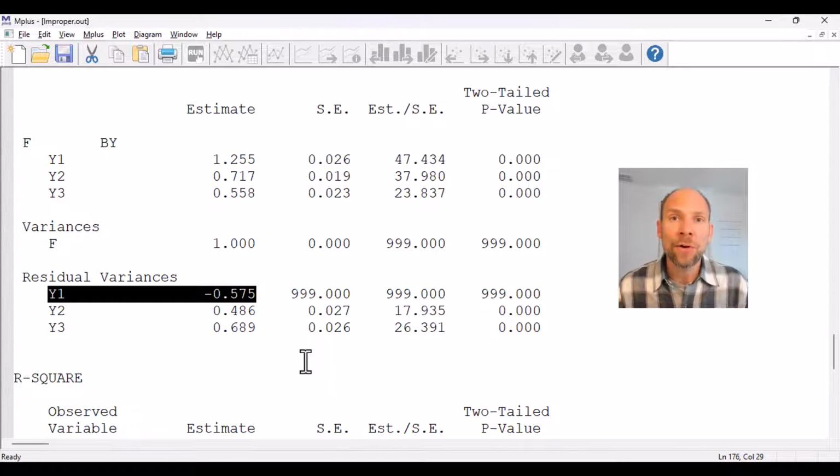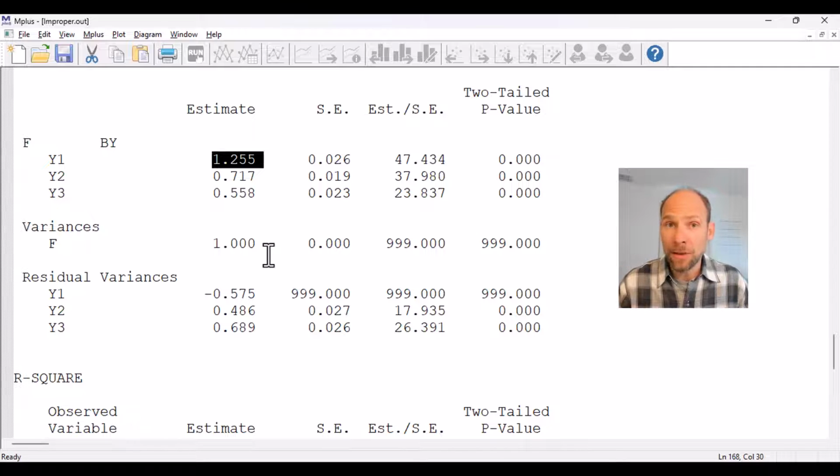Remember that the correlation squared gives you R squared, right? So this loading, since it's a correlation between Y1 and F, if we square that correlation, that would give us R squared, and that would give us the proportion of variance that is accounted for by F in the variable Y1.